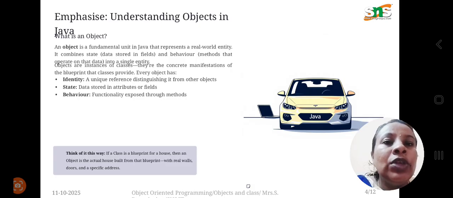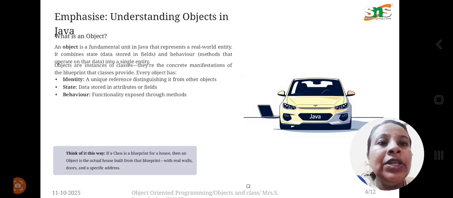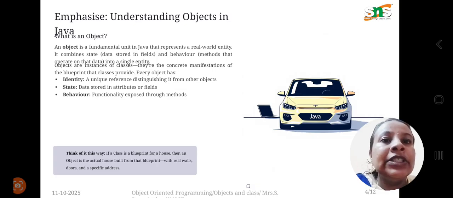Why are we implementing objects in programming? What is an object? An object is a fundamental unit in Java that represents a real world entity. It combines state, which is data stored in fields, and behavior, which is methods that operate on the data, into a single entity.